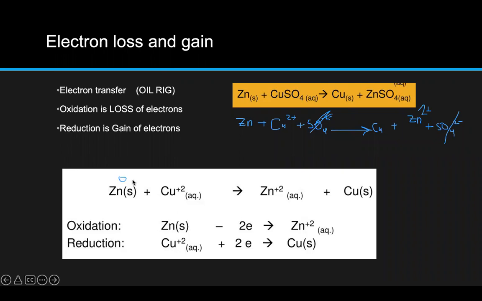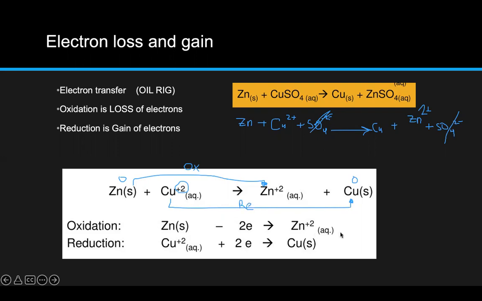So it went from 0 to +2. And this means that it has lost electrons, because it has become more positive, while Cu has gained electrons as it has become more negative, because it has a decrease in the oxidation state. So as I said, 0 to +2 means it's an oxidation reaction, and Cu +2 to 0 is a reduction reaction.